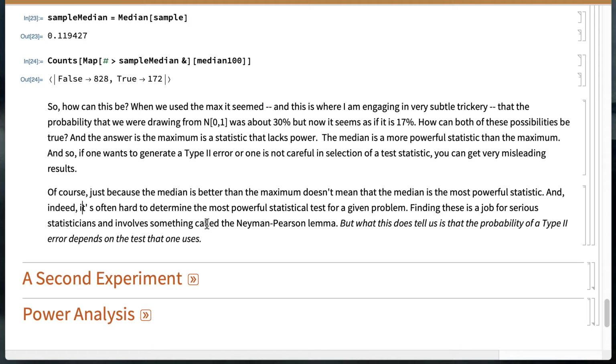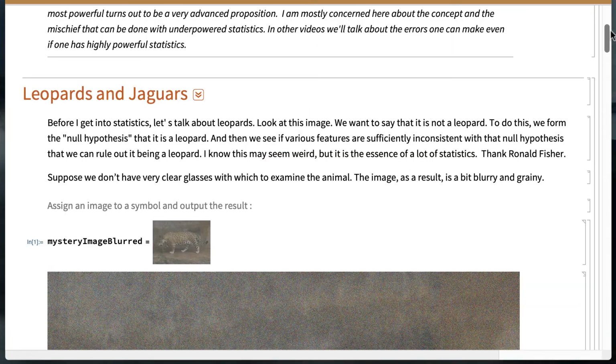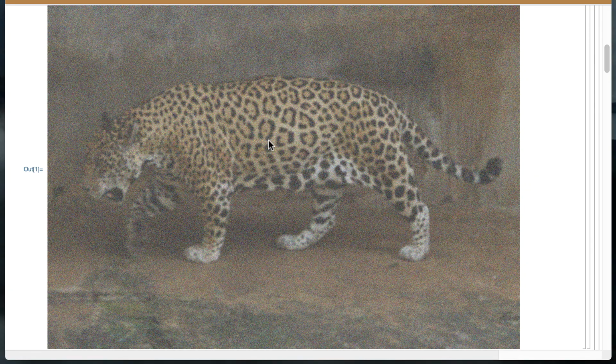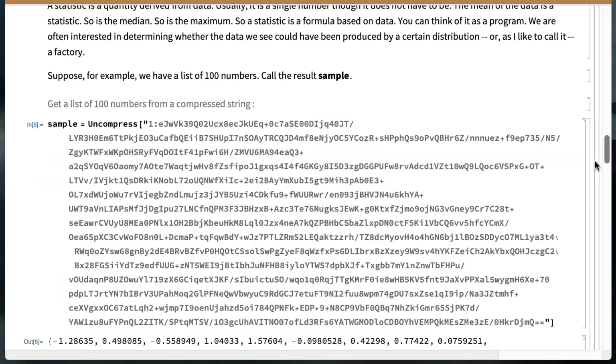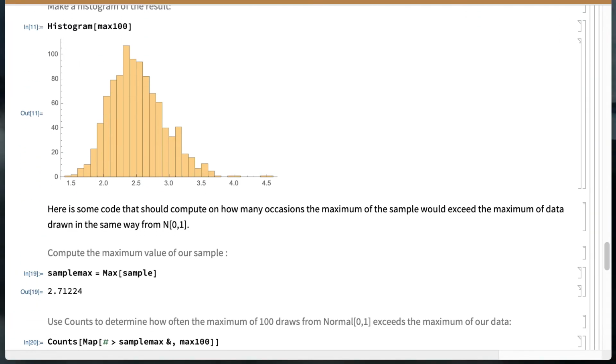Is the reason that we're not confident that that animal is a jaguar because, well, it really could be a leopard, or because we're using a poor telescope, a poor camera, to try and figure out what it is.